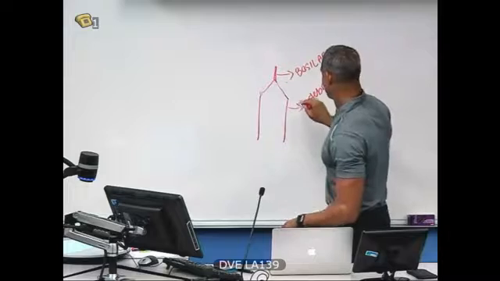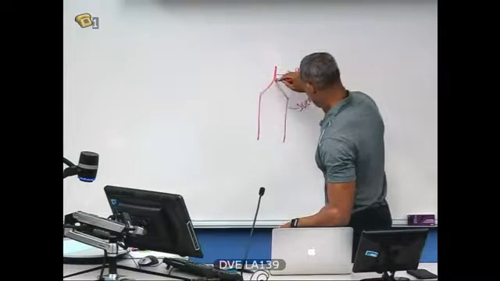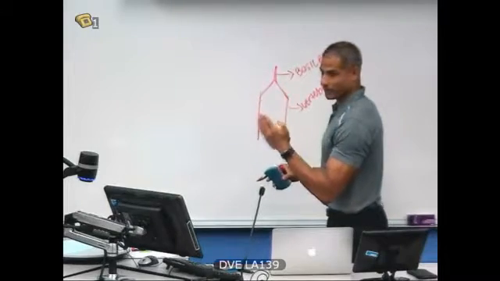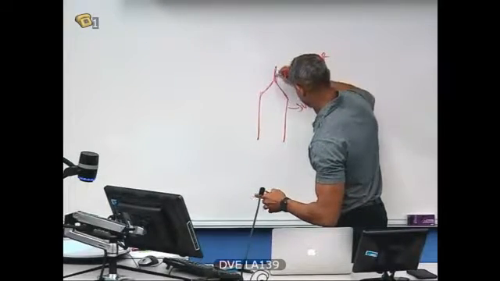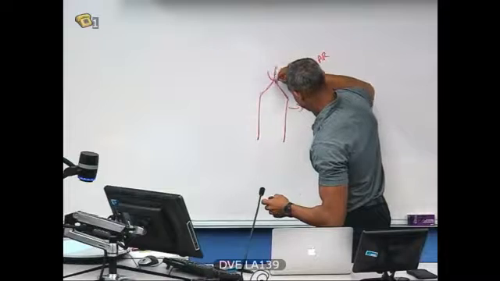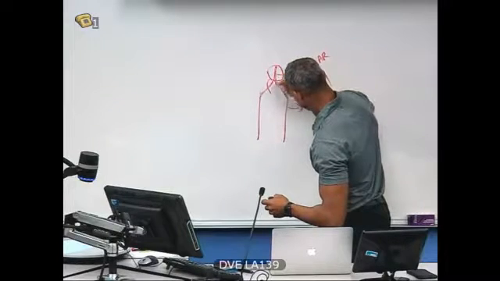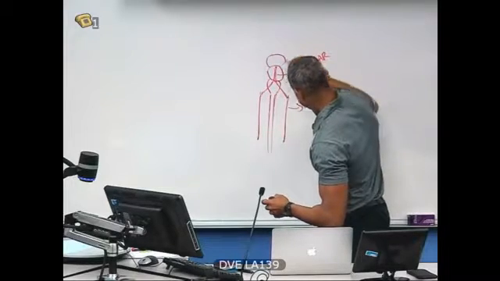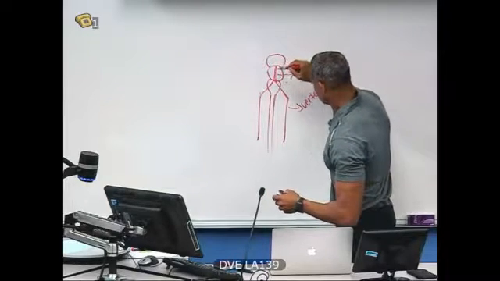Now remember that the vertebral arteries and the basilar artery are basically right on top of the brainstem. So you have the brainstem right here. That's your pons, that's your medulla, and that's your spinal cord. And that's your midbrain. So midbrain, pons, medulla.